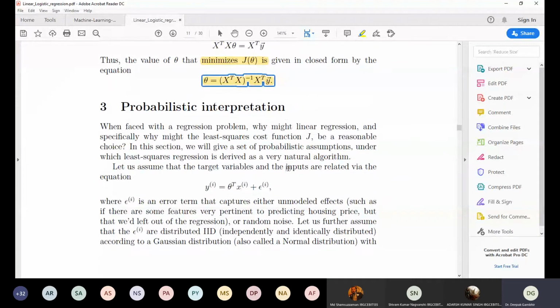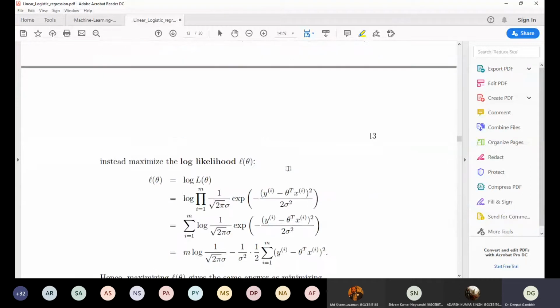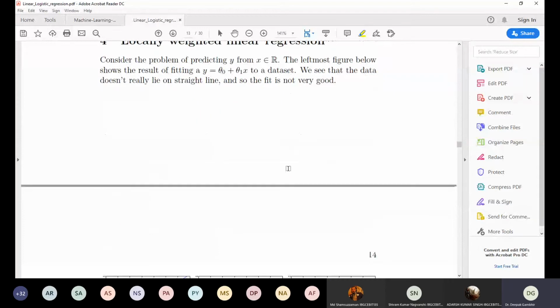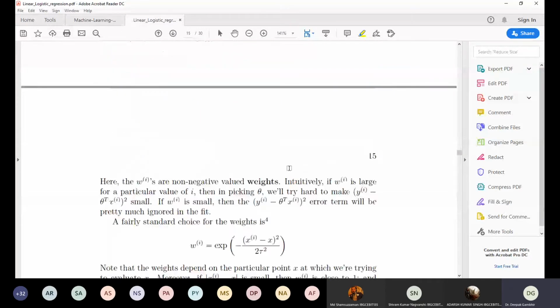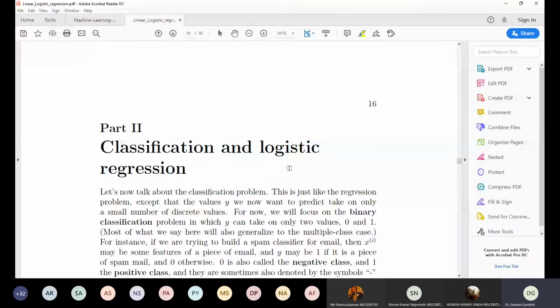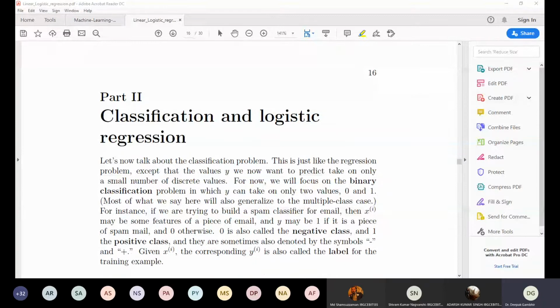Similarly, there is another kind of regression problem known as logistic regression. We were not doing logistic regression in detail, that is not part of your course. Still, if you want to learn, you can. I have posted it in your group, maybe someone deleted it, I don't know.